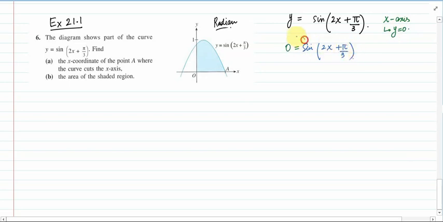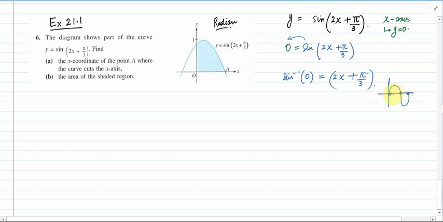When you shift sine here, it will be sine inverse of 0 equals 2x plus pi over 3. If you do remember, that is basically the concept of trigonometry, and we need to find the alpha base angle. If we curve sine, sine is 0 at 3 places.